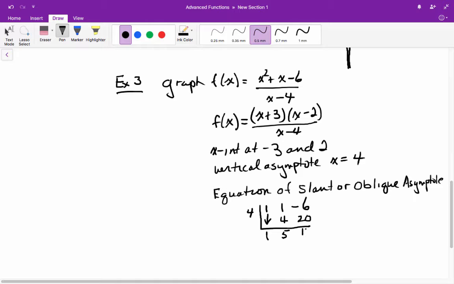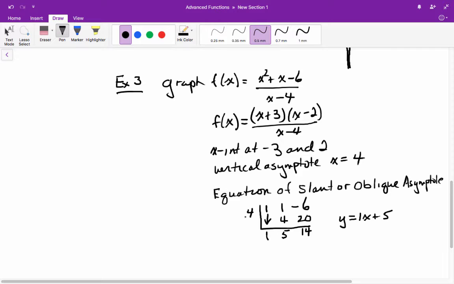Adding, we get 14. So we know that obviously x minus 4 is not a factor of the numerator because we get this remainder. These other two things are actually the coefficients of the equation of the oblique asymptote. So it's 1x plus 5.